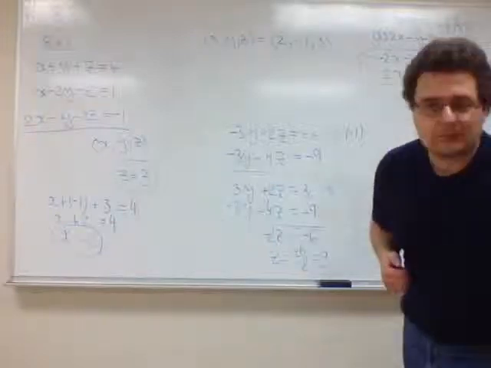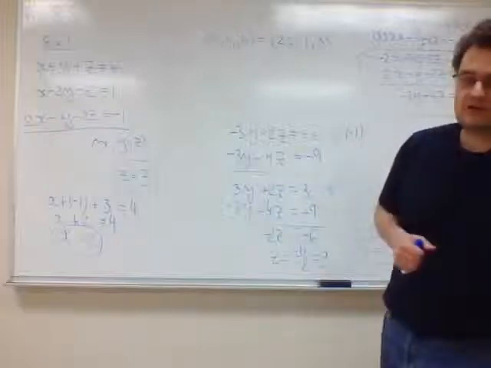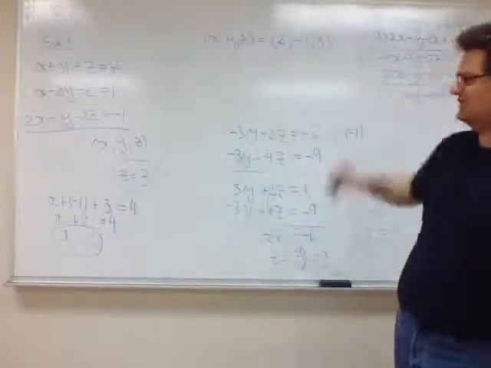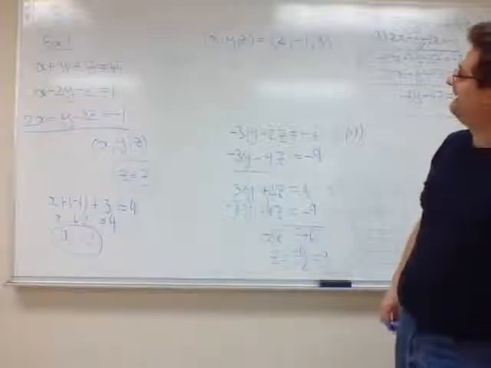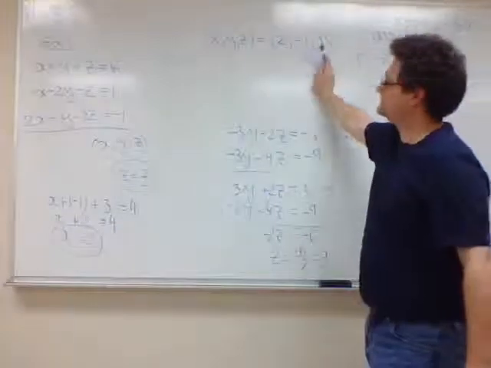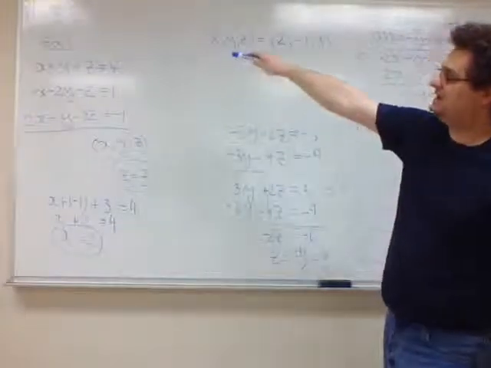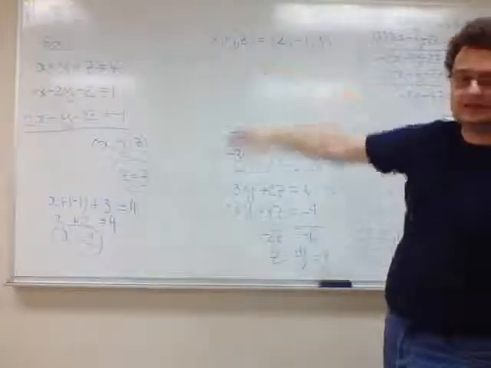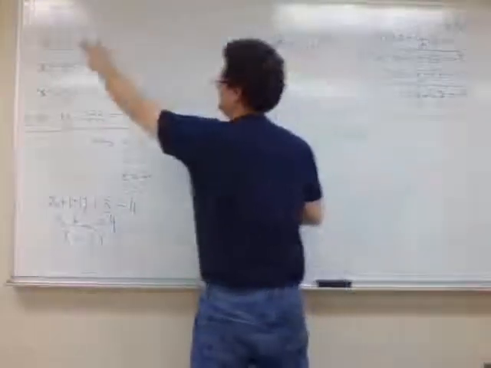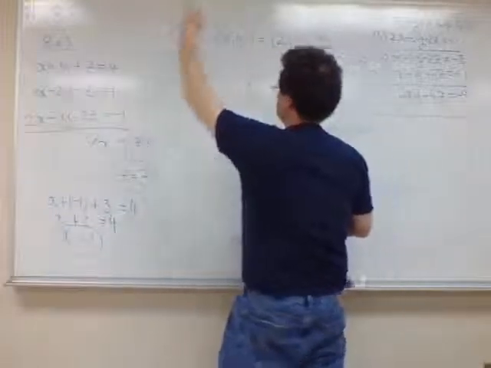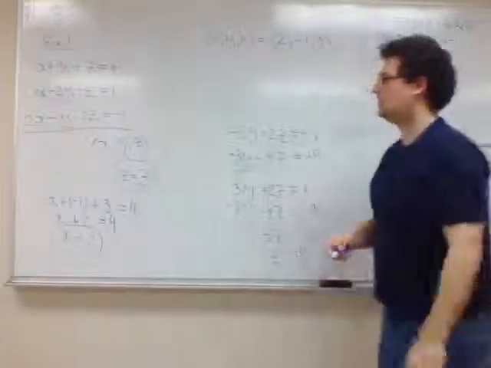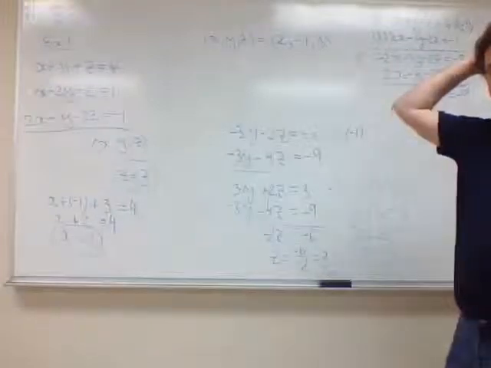But there is an independent and more efficient way to check: whether this triple 2, minus 1, 3 satisfies all these equations. Just plug in 2 for x, negative 1 for y, and 3 for z, and check whether all three equations are satisfied.